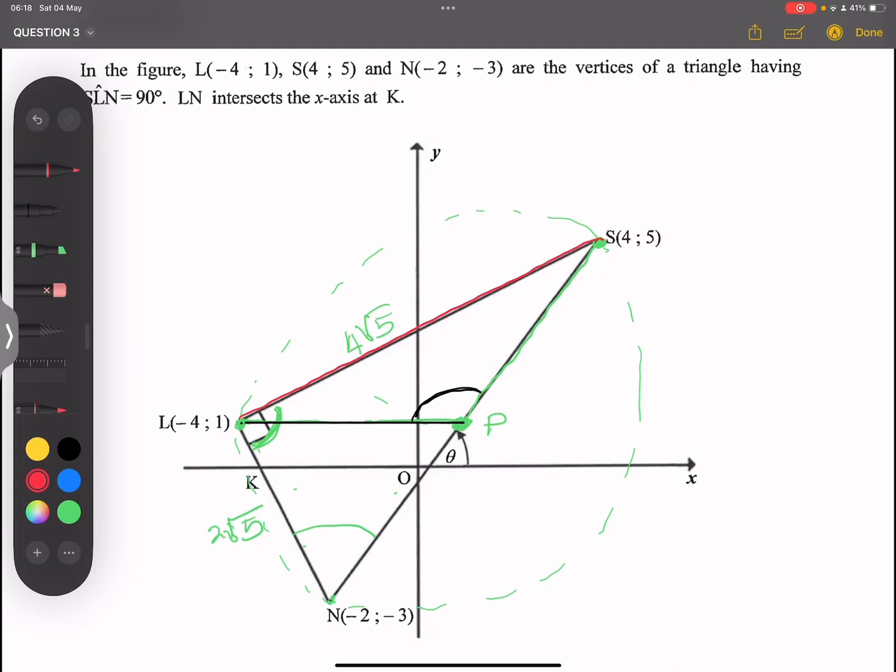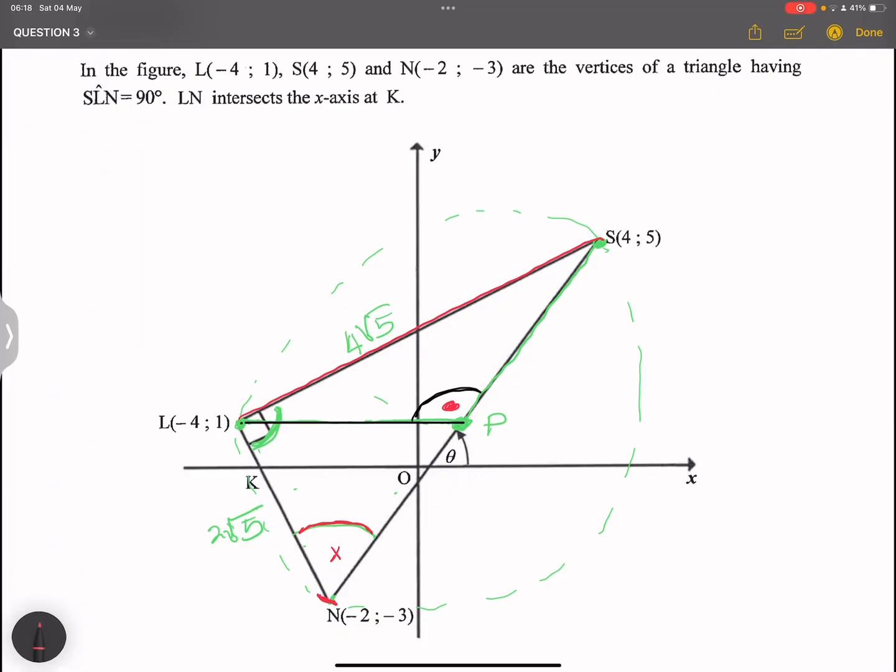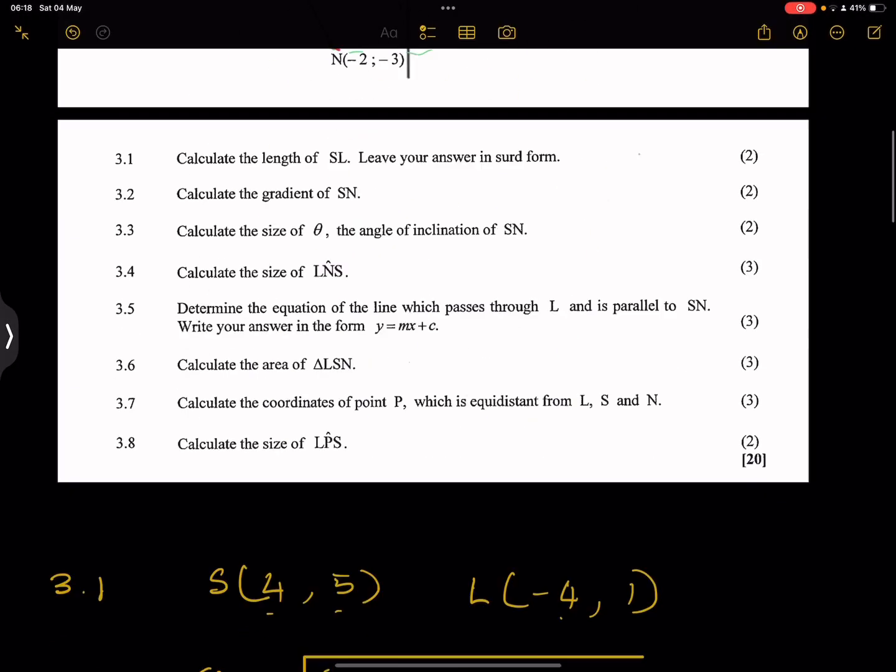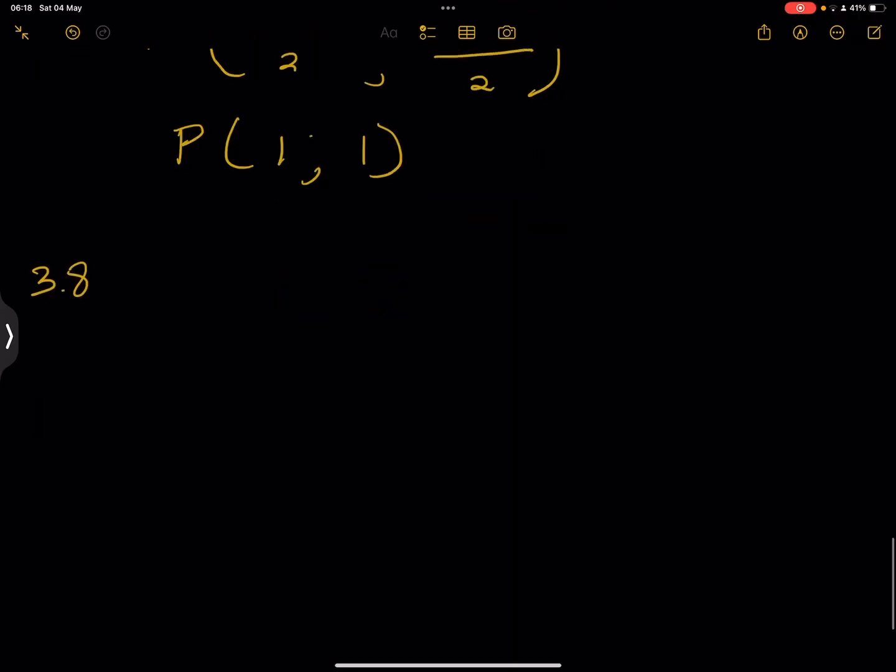So I'm going to use angle at center must be twice angle at circumference. The angle at circumference in this case would be angle LNS. So simply, angle LPS would be twice LNS. I'm sure that you can see it, ladies and gents. I think it really helped for us to have it.